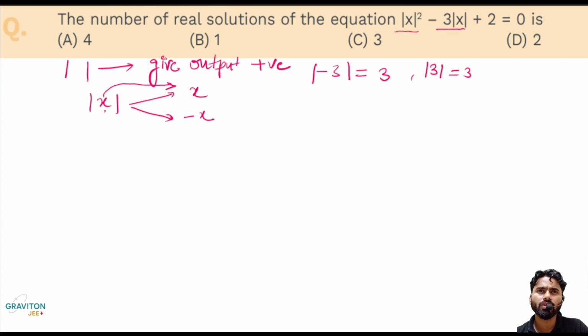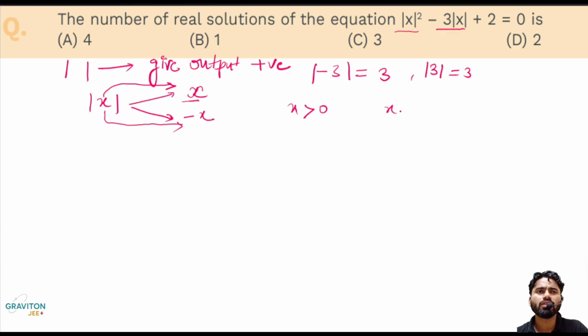If x is negative, then it will be minus x. So if x is positive, the expression inside the modulus is positive, so it gives the output as it is, x.